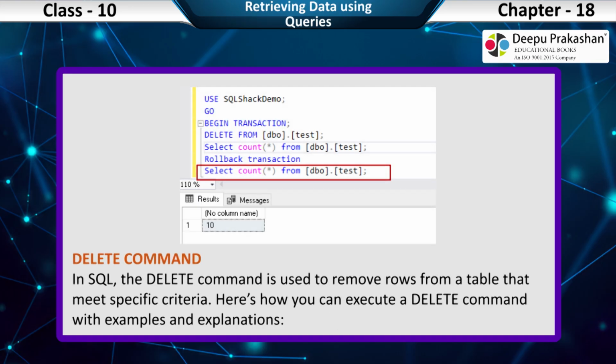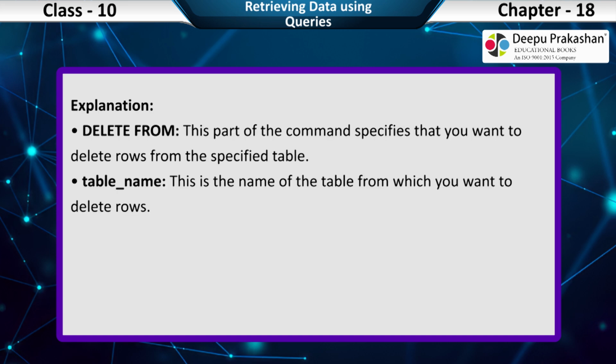Delete command. In SQL, the delete command is used to remove rows from a table that meet specific criteria. Here's how you can execute a delete command with examples and explanations. Explanation. Delete from: this part of the command specifies that you want to delete rows from the specified table.